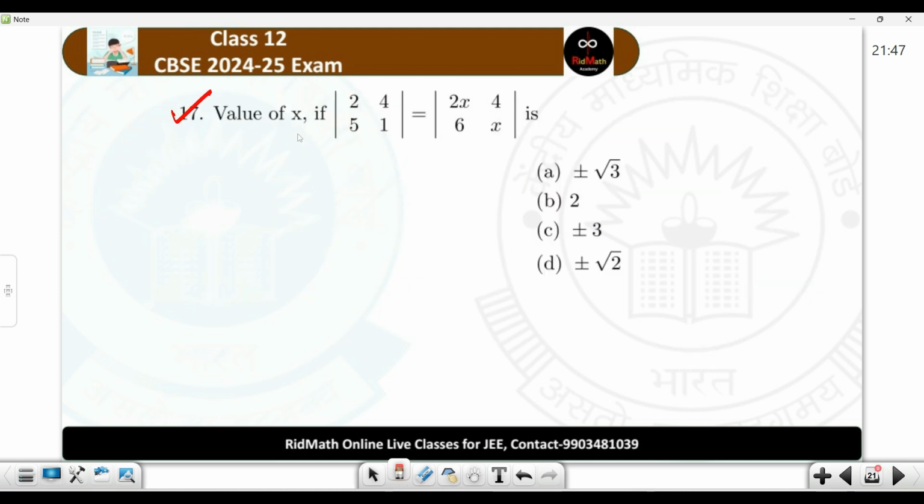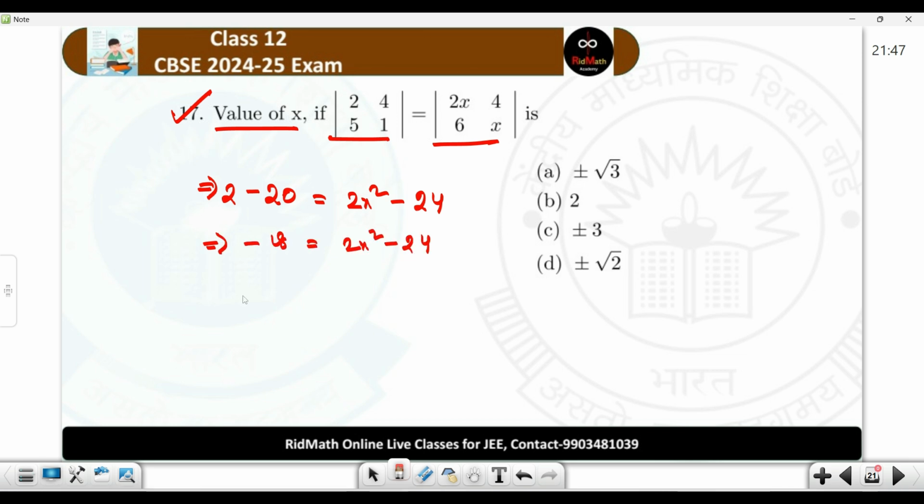Question number 17. Value of x if these two determinants are equal. Okay, so this is the determinant 2 minus 20 and this is equal to 2x square minus 24. So this is minus 18 and this is 2x square minus 24.